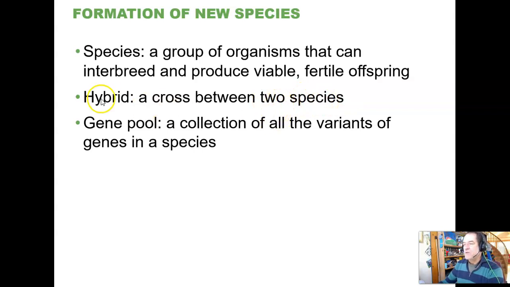So a mule is a hybrid. It's the product of hybridization between a horse and a donkey. You get a mule, but the mule itself is sterile. So that means horses and donkeys are separate species. They're just highly compatible.